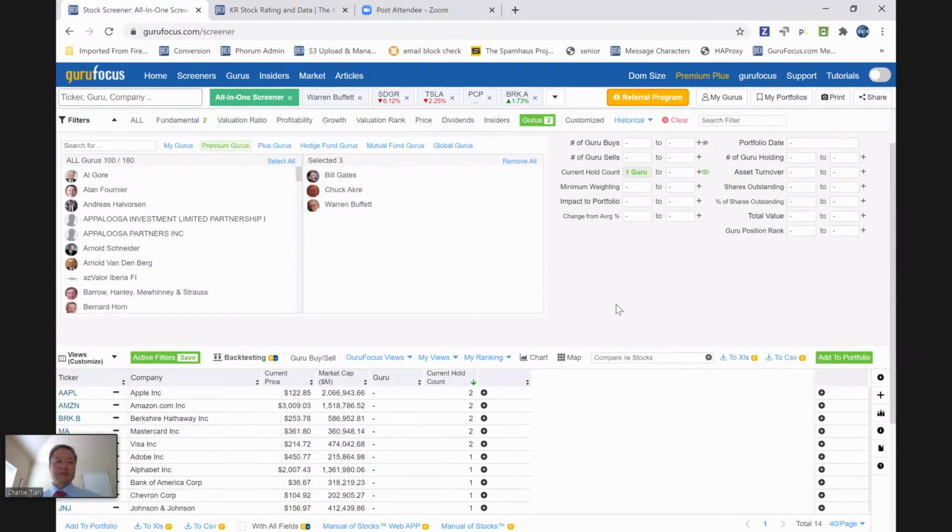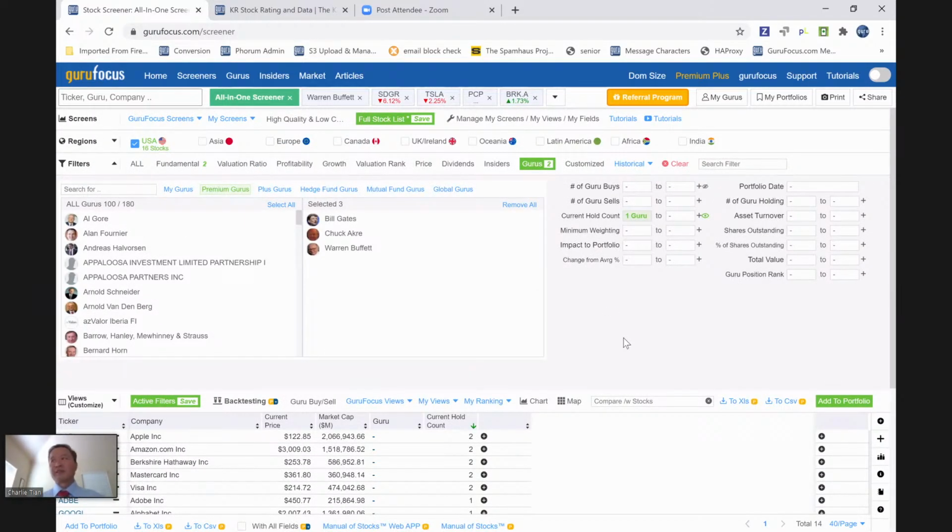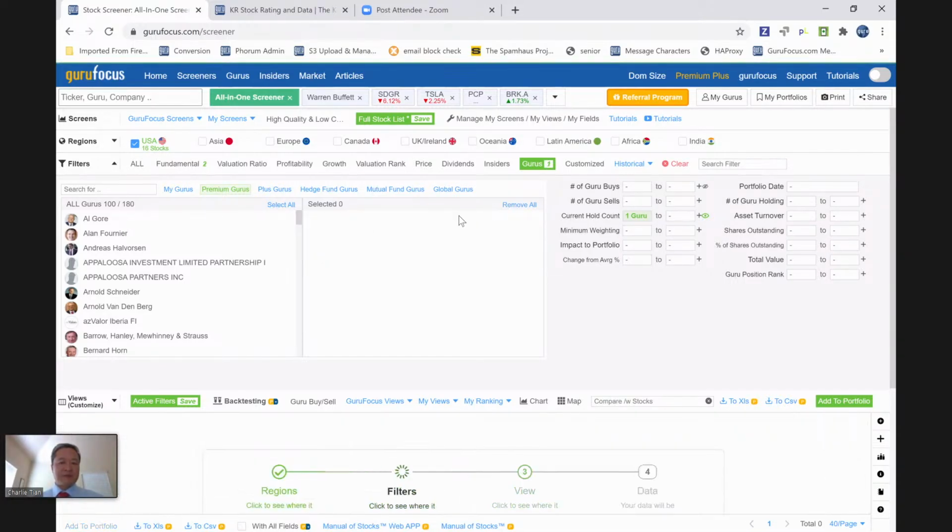And one interesting thing I did lately: because growth stocks were so hot over the past few months, actually the past year, I was trying to figure out what the common holdings of the growth gurus are.